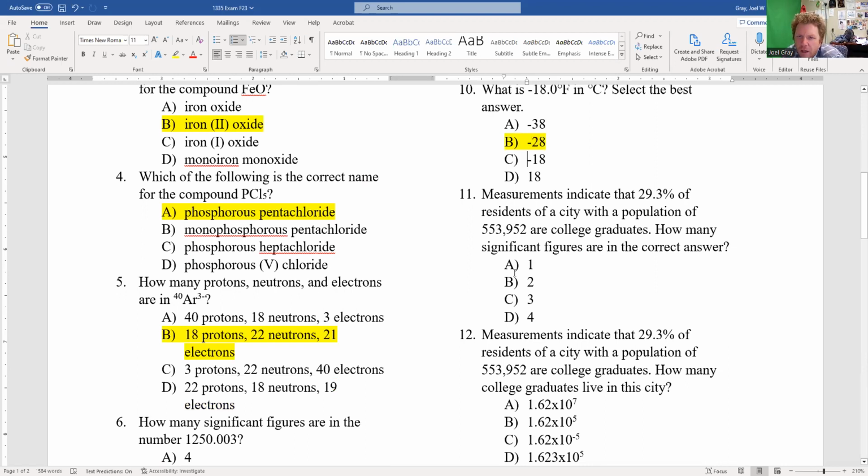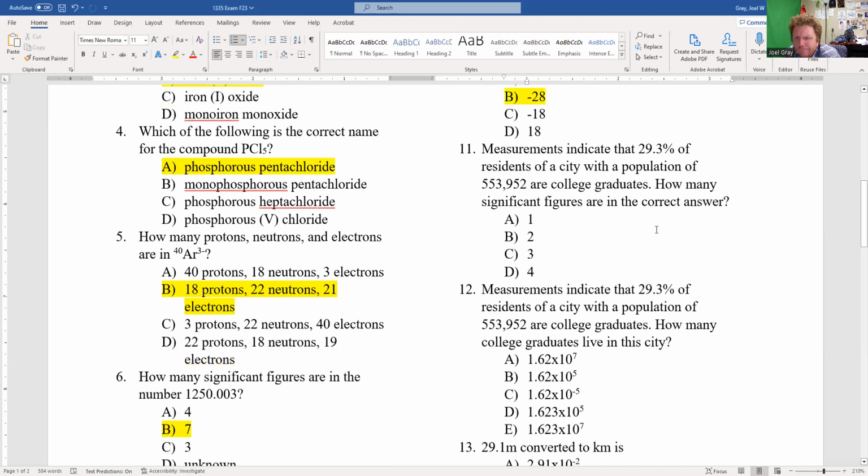Measurements indicate that 29.3% of the residents of a city with a population of 553,952 are college graduates. How many significant figures are in the correct answer? And you know what? This question, I'm just going to give credit for because I didn't ask a question there. This is question number 11.